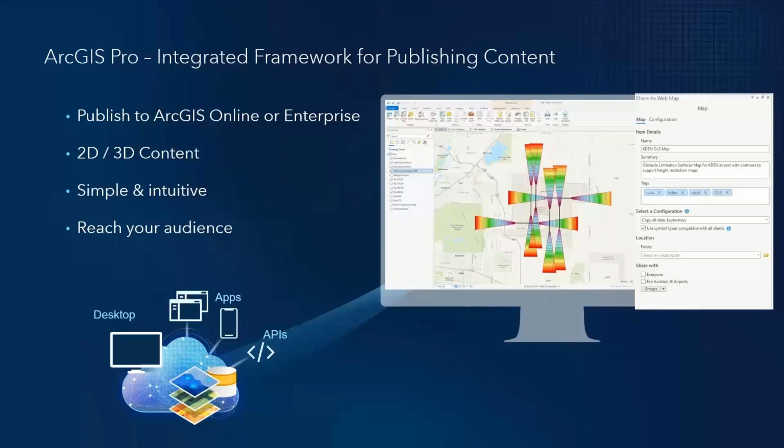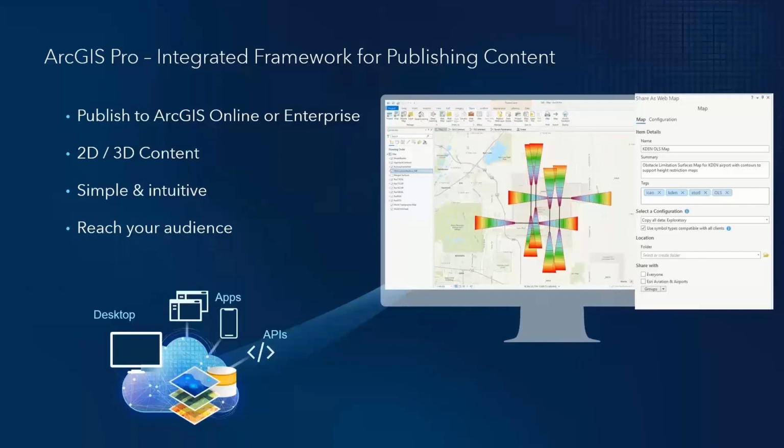The key point here is you're going to have to be connected to ArcGIS Online or ArcGIS Enterprise. ArcGIS Online is our SaaS GIS offering. ArcGIS Enterprise is more of an on-premise offering where you have the server boxes that you're going to be deploying on. They behave very similarly in terms of how you publish that content out.